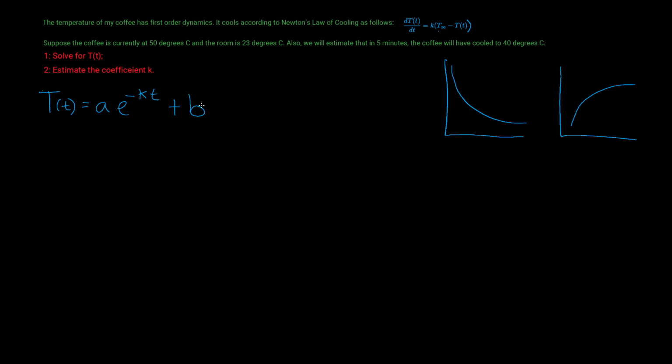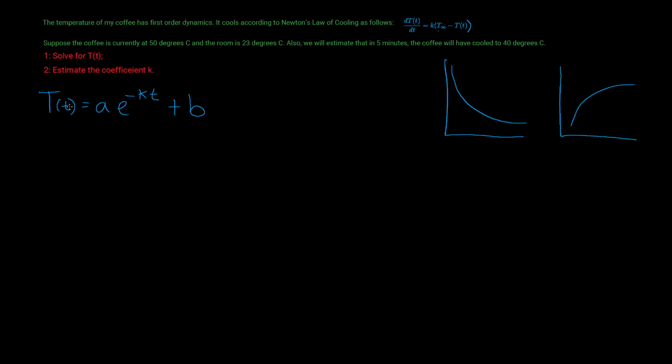So when we generally guess the form of the solution, if you remember back to your first order ODE class, you should hopefully remember that we can guess a solution with this sort of form. This is where it comes from. The B accounts for the offset, and the K accounts for any other scaling.